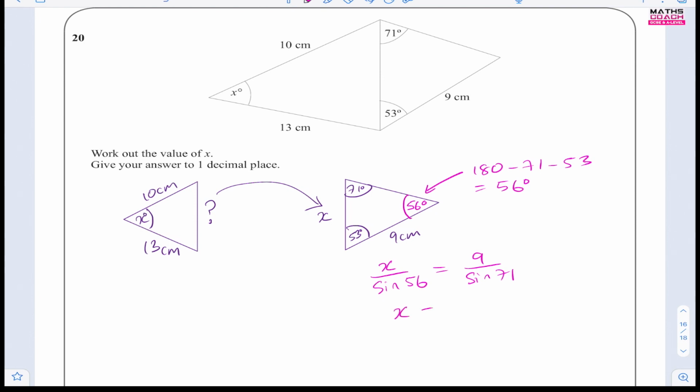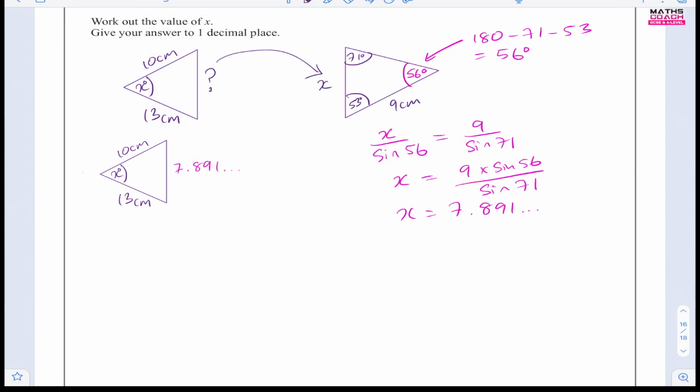So x is equal to 9 times sine 56 divided by sine 71. And that gives us 7.891... We'll keep some of this answer in order not to lose our accuracy, because the final answer wants to be rounded to one decimal place. So we can now go back to the first triangle and add that new length in.